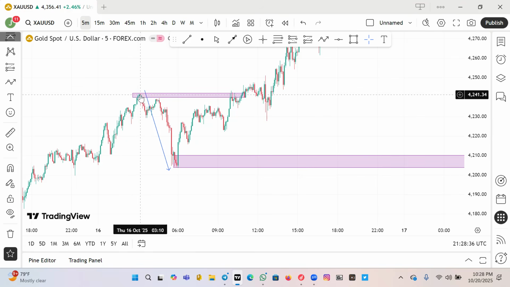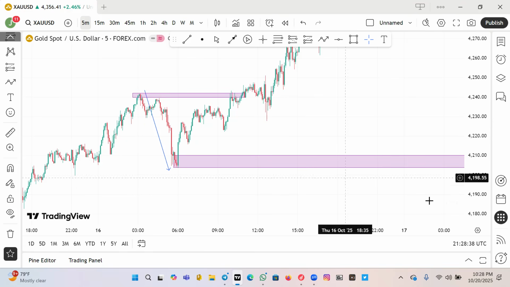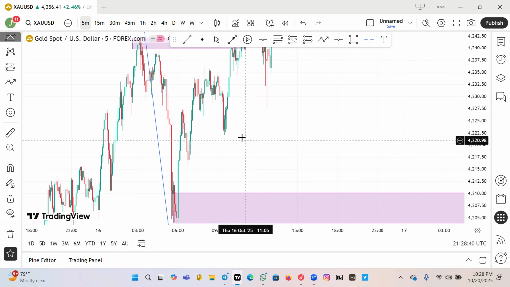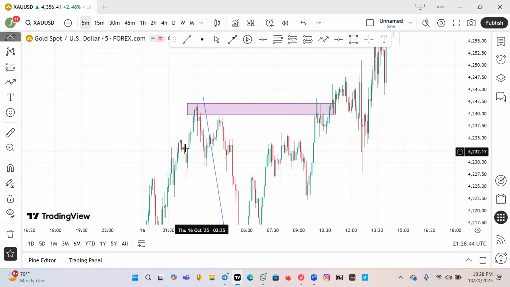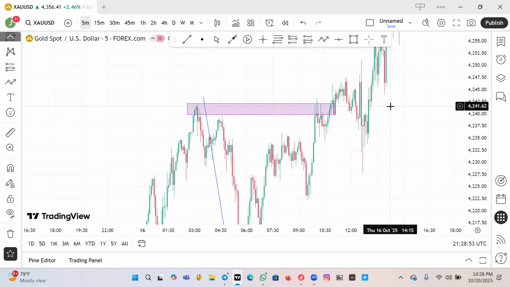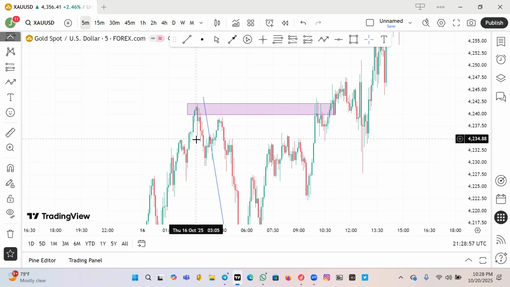Like this red candle now, this one is a mitigated order block. After drawing my order block, look, the market formed a red candle to the downside. A green candle has tapped into your area of interest before going to the downside.